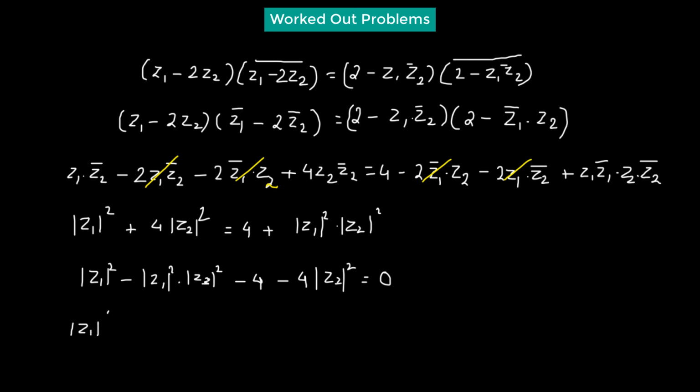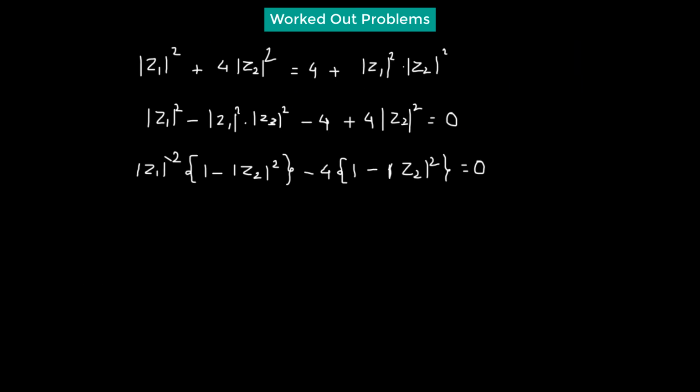So we have the absolute value of z1 squared multiplied by 1 minus the absolute value of z2 squared. Then we take negative 4 common, so we have negative 4 multiplied by, no, this is plus, so we have 1 minus the absolute value of z2 squared equal to 0.